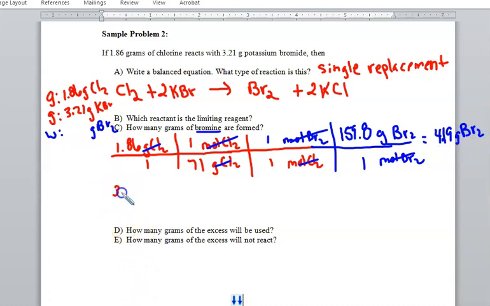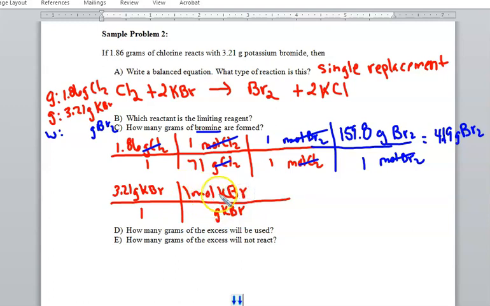So I'm going to start with 3.21 grams of KBr. Grams of KBr down, mole of KBr. Anytime gram and mole come together, this is going to be that molar mass, 1 K, 1 Br. That adds up to 119. Bringing moles of KBr down, going to moles.